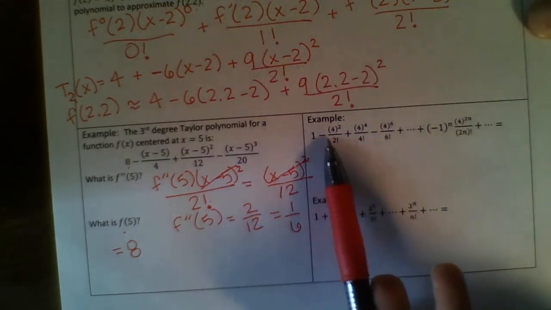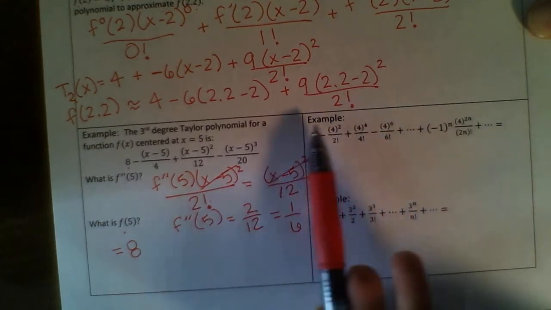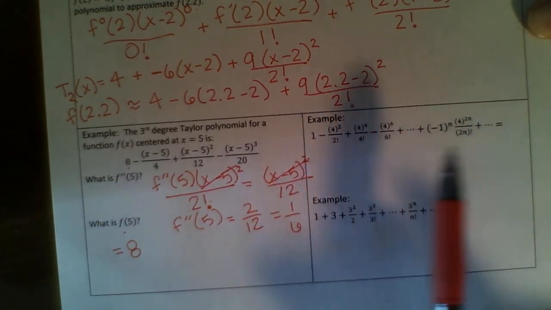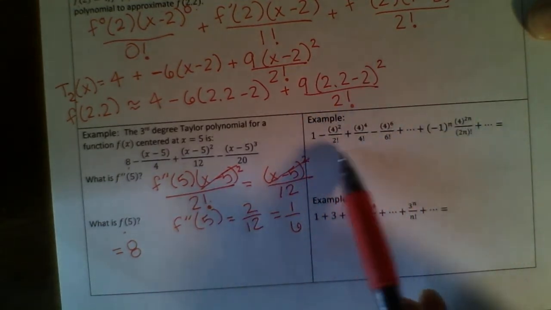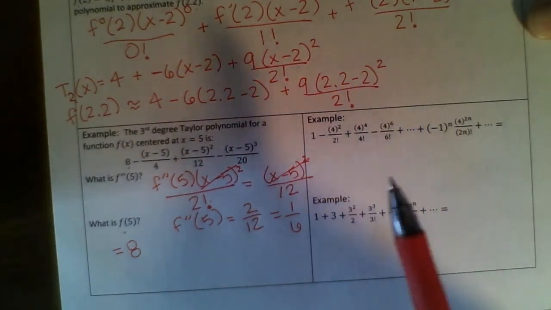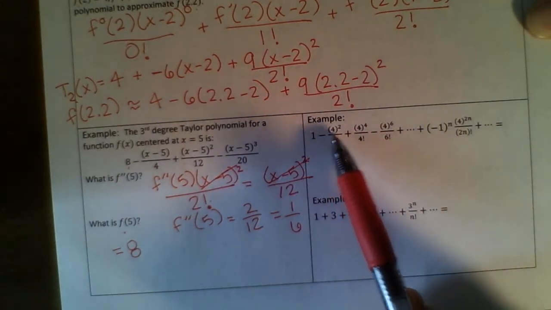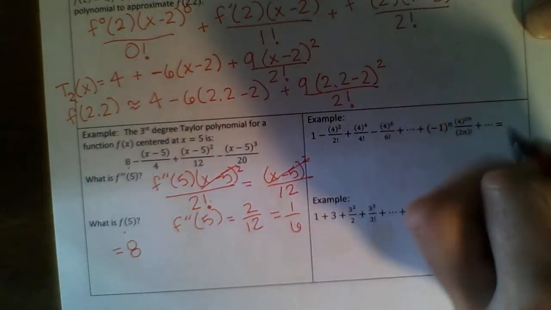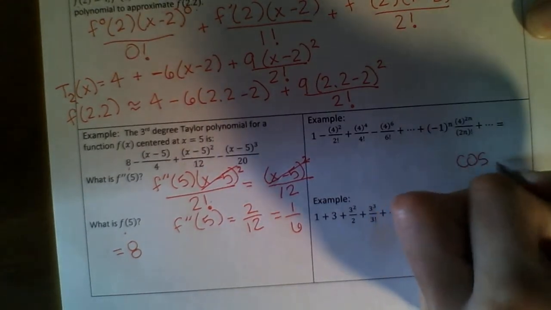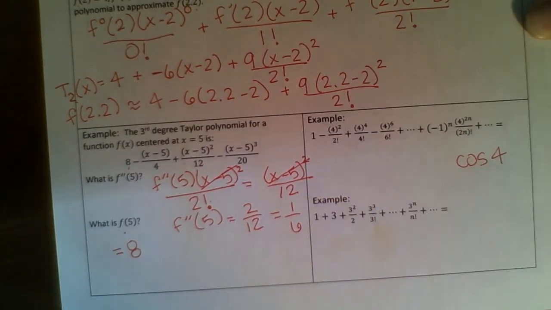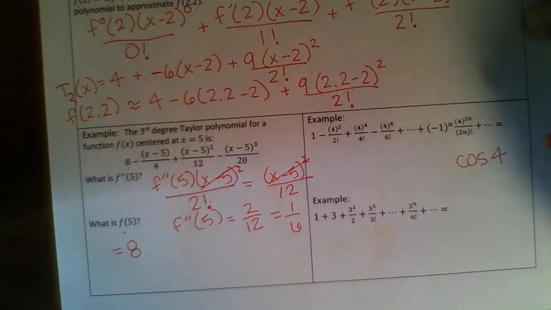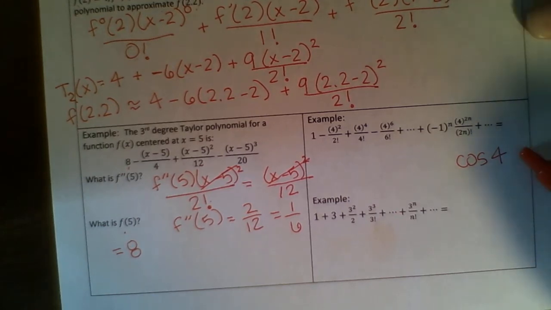Okay, these last two are super easy. We just want to see which of our 4 Maclaurin series that we have memorized this resembles more closely. So this looks a lot like cosine x, except in place of x, there's been a 4 inputted. So this series is just equal to cosine of 4. Actually, this is how your calculator evaluates trig values.